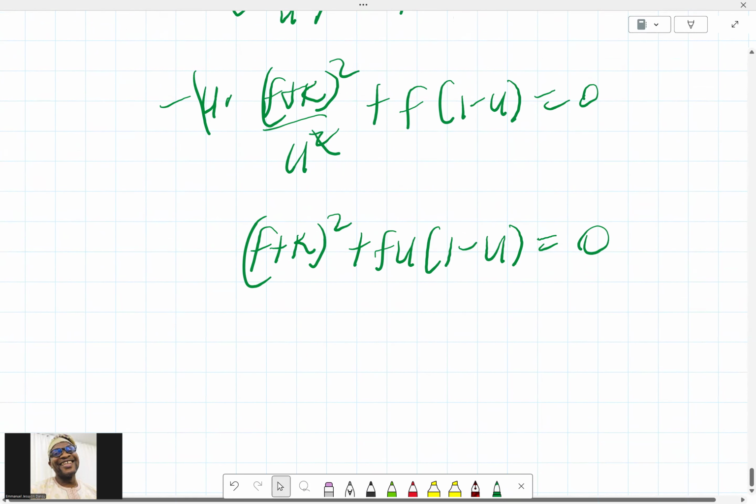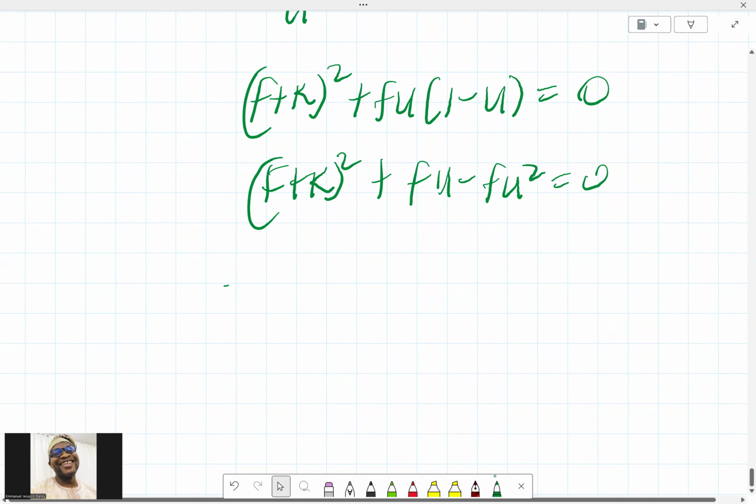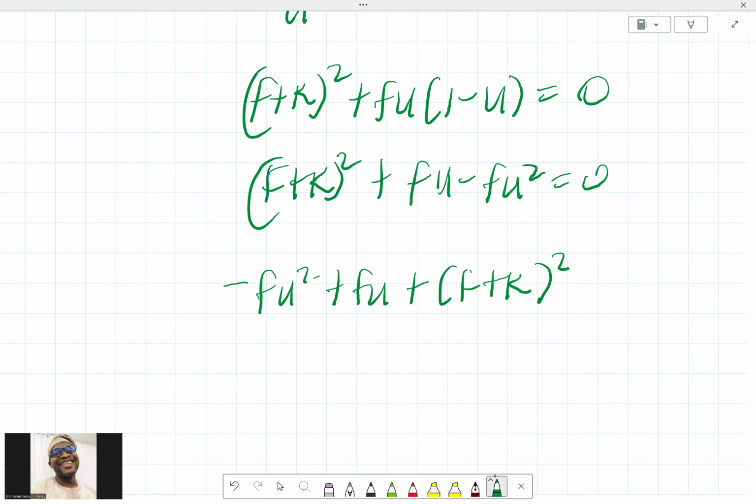So from here, we can have a quadratic expression in terms of u. So that is minus f plus k squared plus fu minus fu squared equals 0.